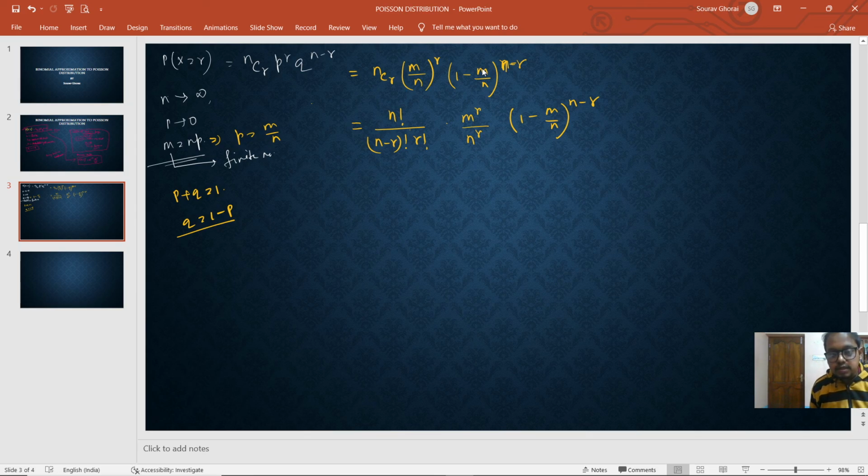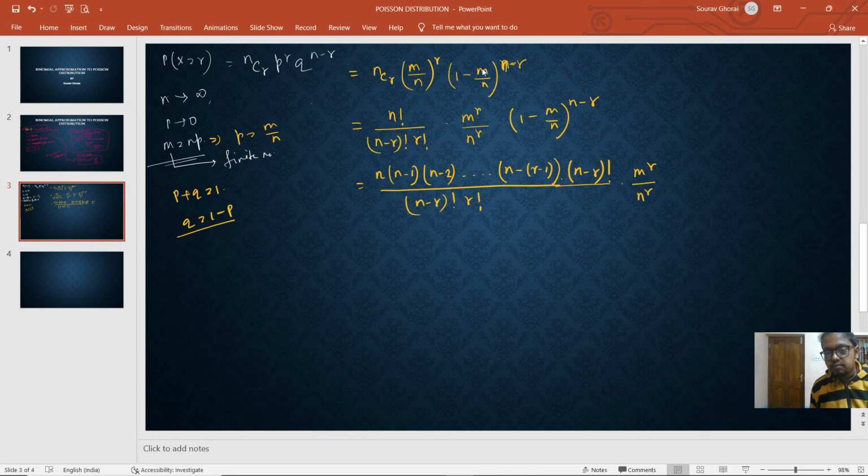Now we can write this as n into n minus 1 into n minus 2 dot dot n minus r plus 1 into n minus r factorial, divided by n minus r factorial into r factorial, into m to the power r by n to the power r, into 1 minus m by n whole to the power n into 1 minus m by n whole to the power minus r.